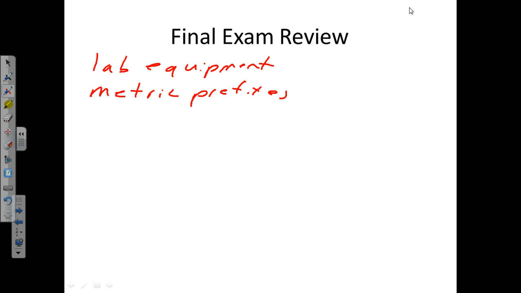There's a couple of questions about your metric prefixes. For example, remember everything in the metric system, the SI system, is based on the power of 10. What prefix in the metric system means 10 of something? Deca. Okay. Which one means 100? Hecto. Which one means 1,000? Kilo.